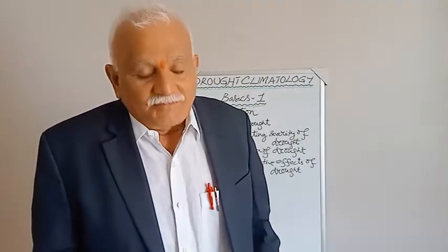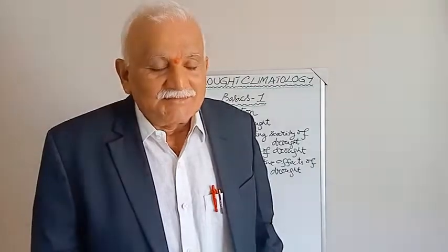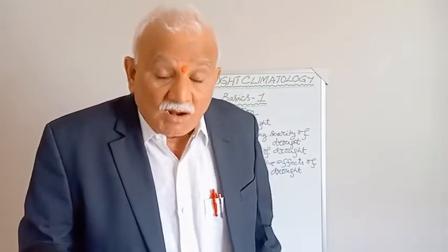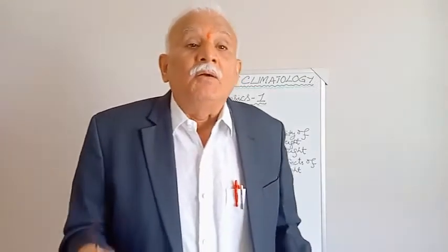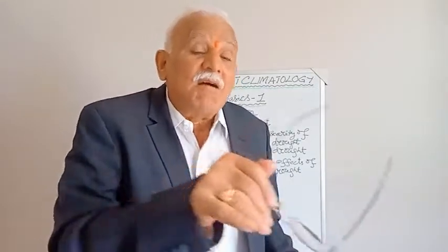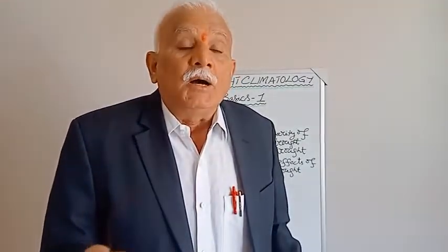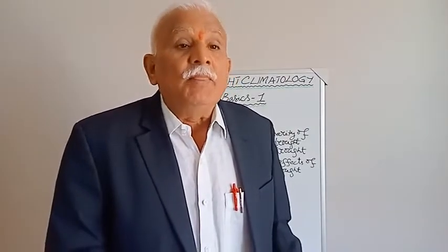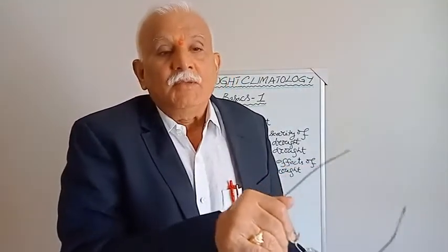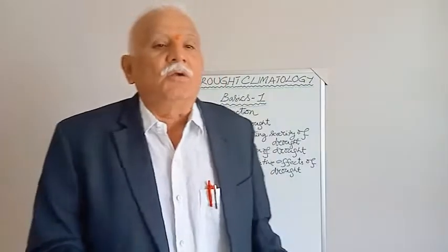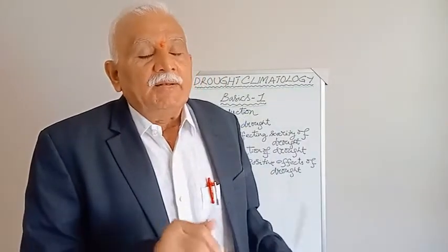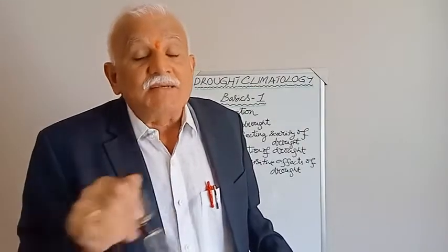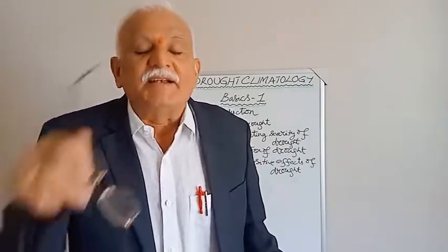Rivers, tanks, lakes, underground water, wells, all these things. When these resources are deficient of water due to meteorological drought, the hydrological drought sets in. So this bit will come. When meteorological drought prolongs, hydrological drought sets in.